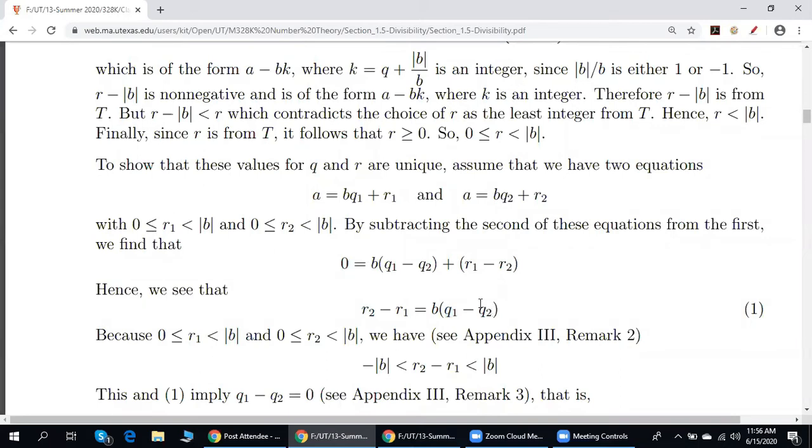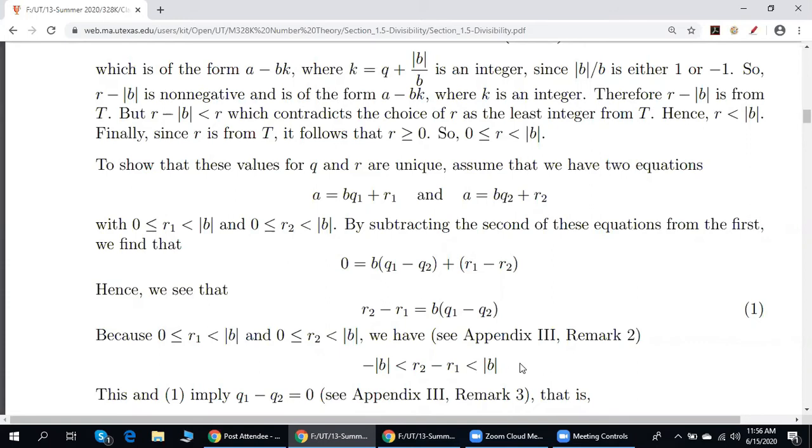Next step. Note that since R1 satisfies this inequality and R2 satisfies this inequality, R2 minus R1, which is over here, satisfies this double inequality.